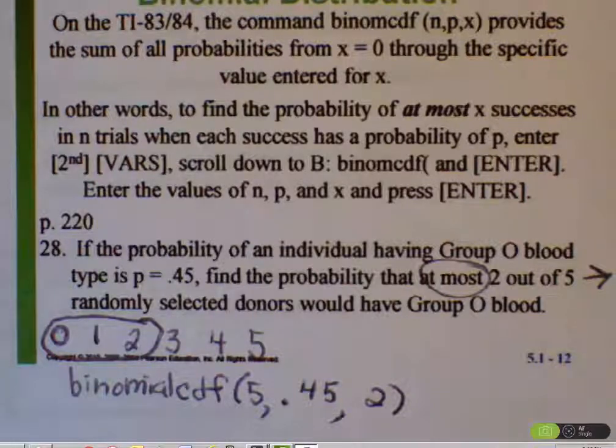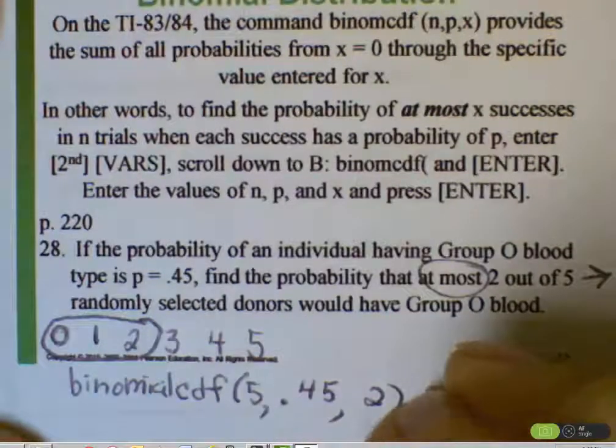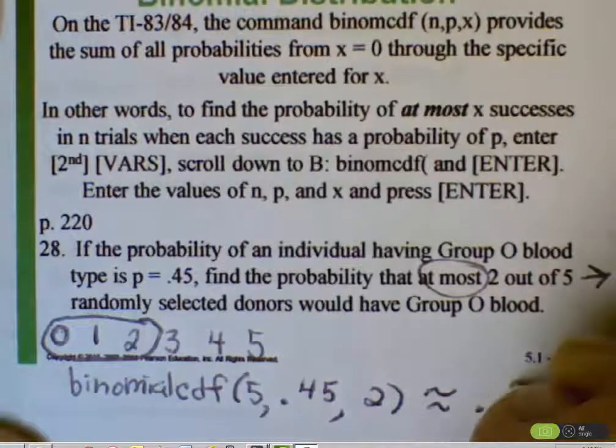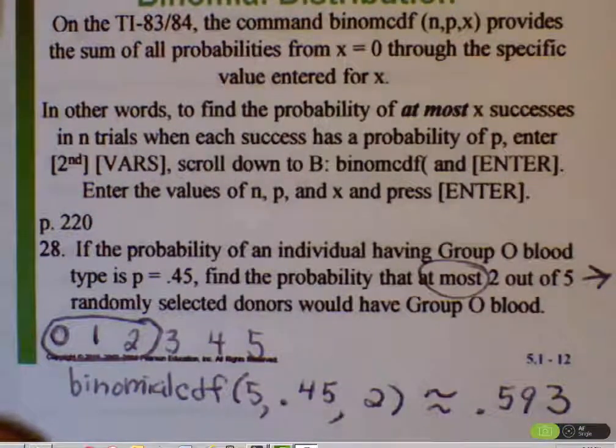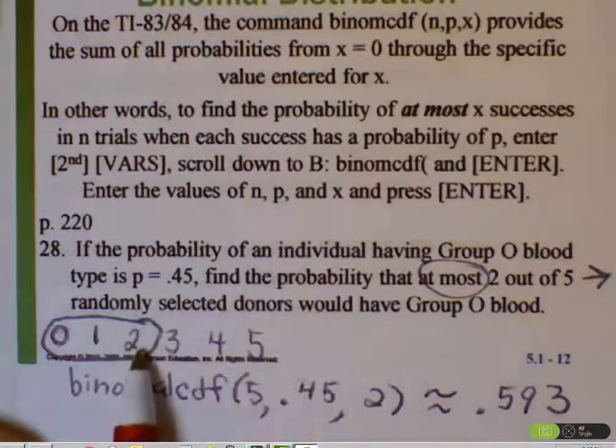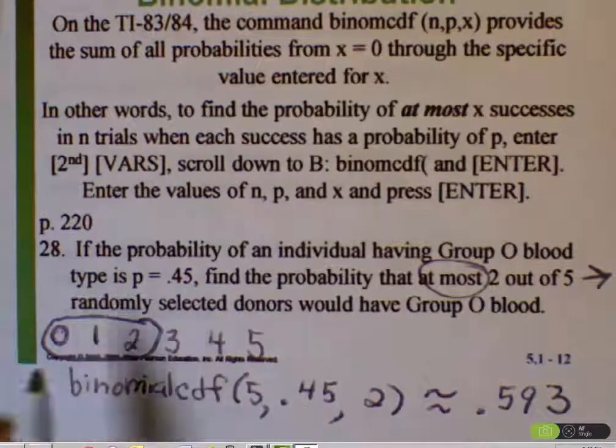Binomial CDF 5, comma, 0.45, comma, 2 gives me a probability of about 0.593. So in other words, if I selected 5 donors, there's about a 60% chance that no more than 2 of them would have group O blood.